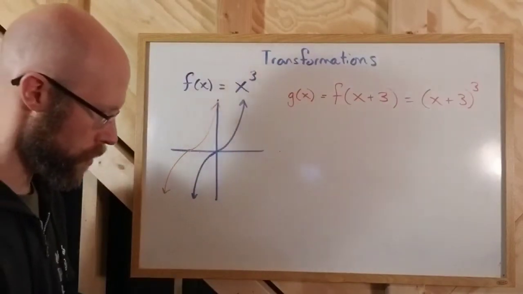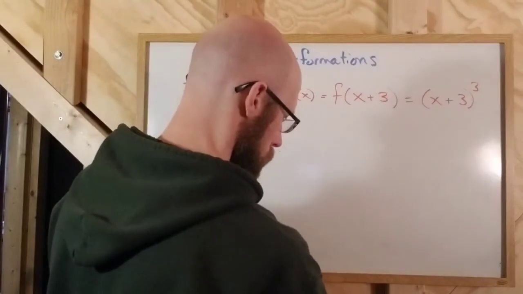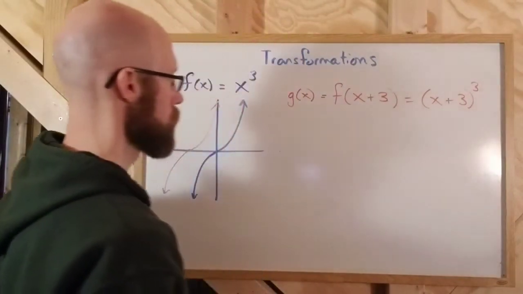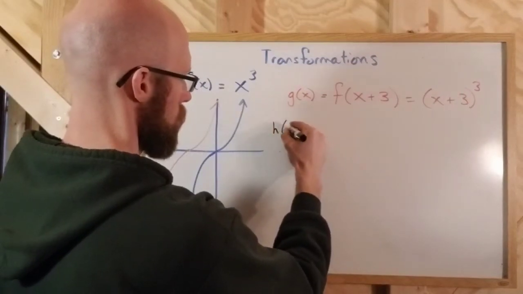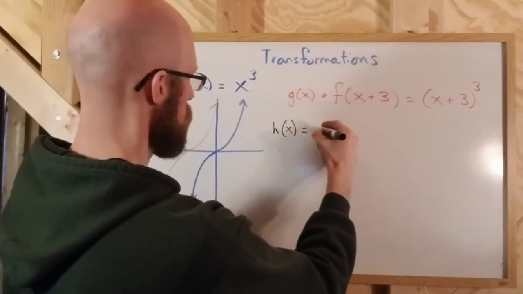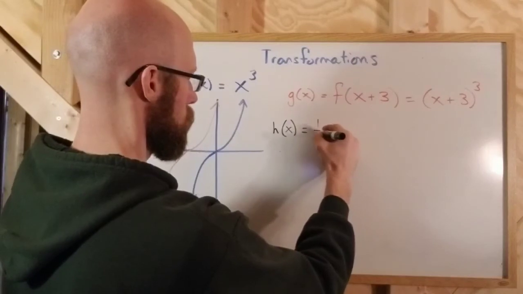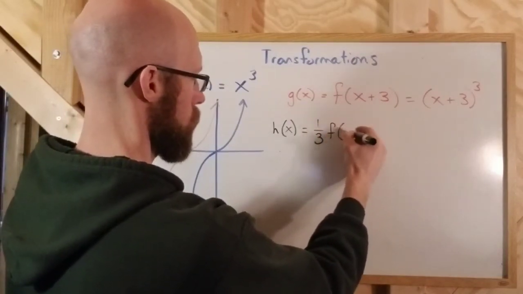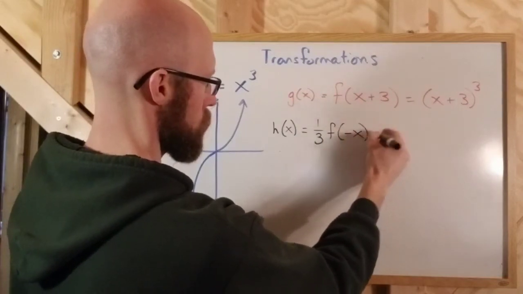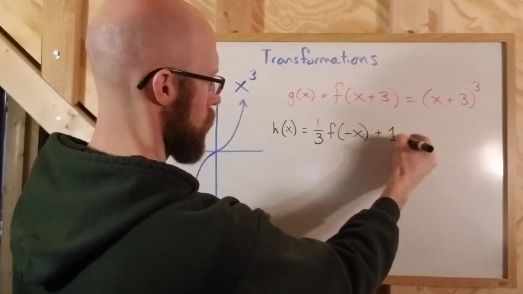If I wanted to combine some of these transformations, I can do that. Let's say we had something like, let's call it h of x, equal to 1/3 f of negative x plus 1.